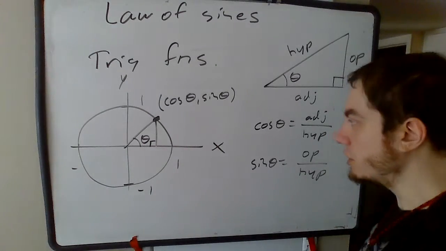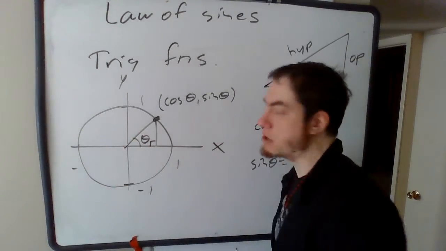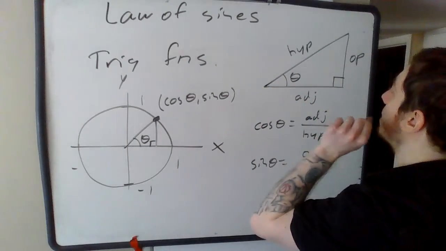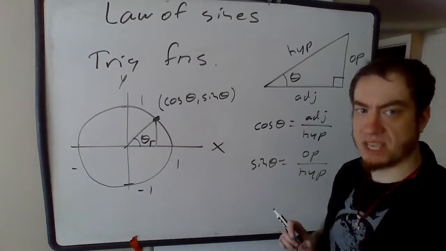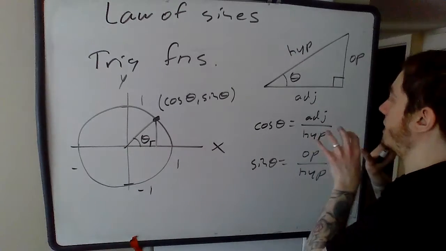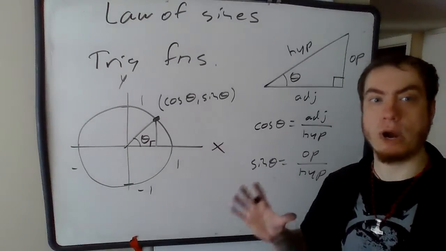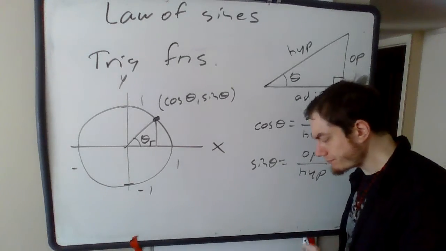So the trig functions, on the one hand, are defined in terms of the unit circle, but on the other hand, they really are about right triangles. They tell us something very fundamental about how right triangles are shaped.